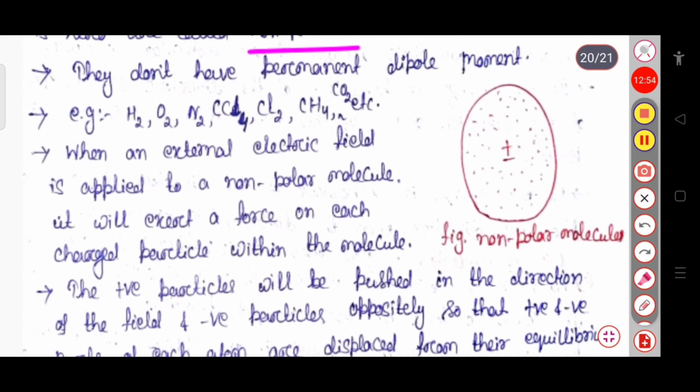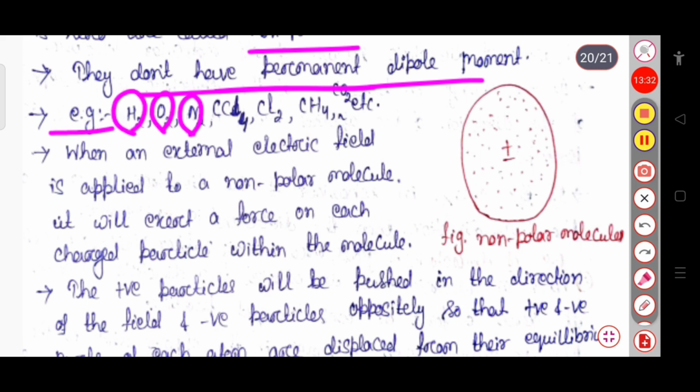No permanent dipole moment means that if we apply an electric field, there will be a net dipole moment, but when we remove the electric field, there will be no dipole moment in this molecule. So in non-polar molecules, there is no permanent dipole moment. Examples are H2, O2, N2, CCl4, Cl2, CH4 and CO2.